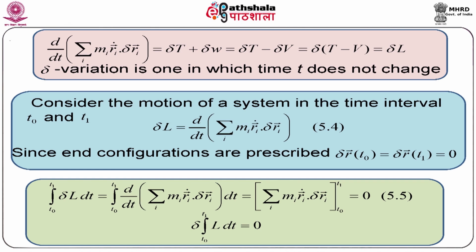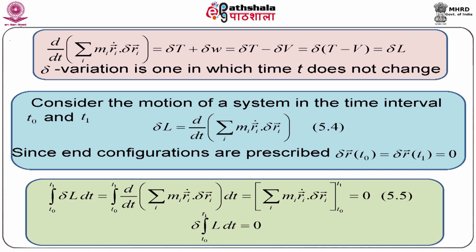If we integrate equation 5.4 with respect to time t, then we get integration t0 to t1 delta L dt equal to integration t0 to t1 d/dt of summation over i m_i r_i dot delta r_i dt equal to summation over i m_i r_i dot delta r_i considered at t0 and t1.